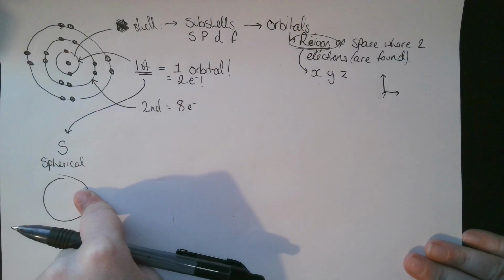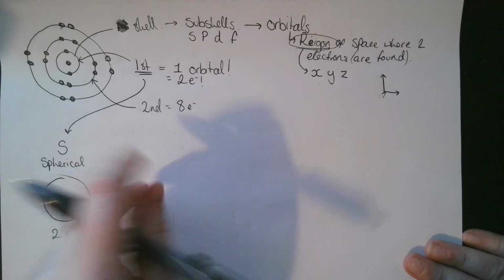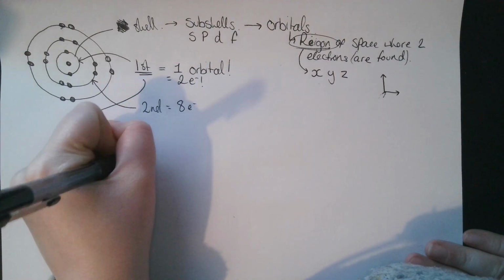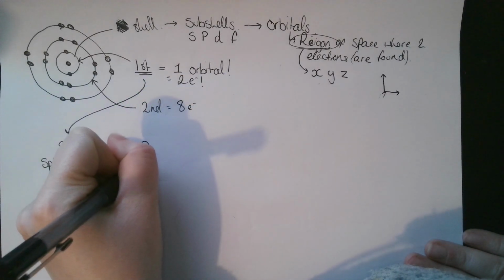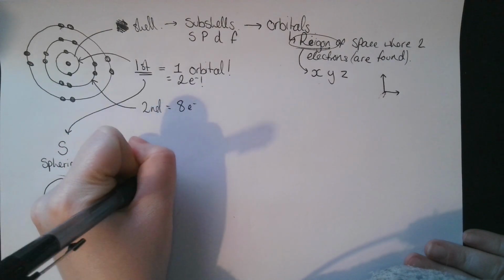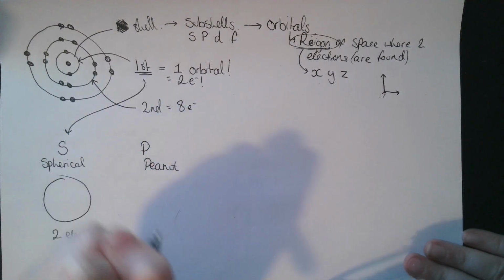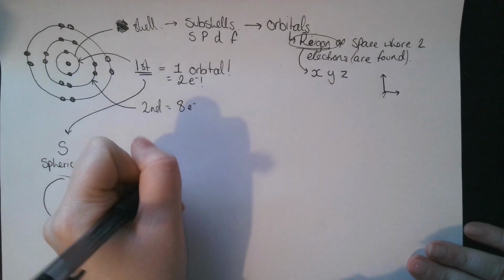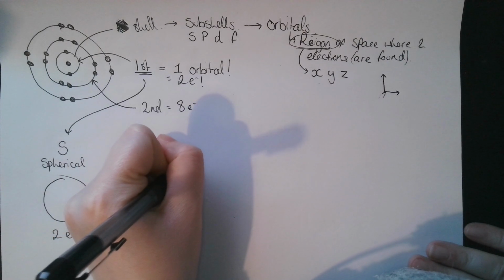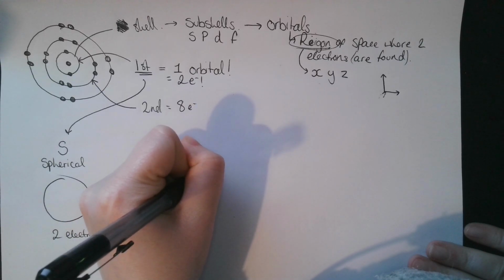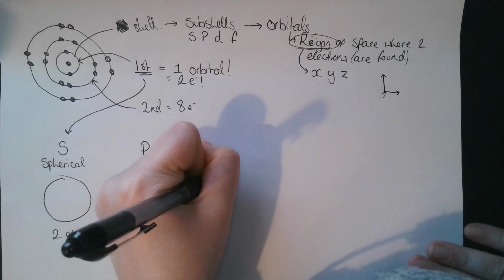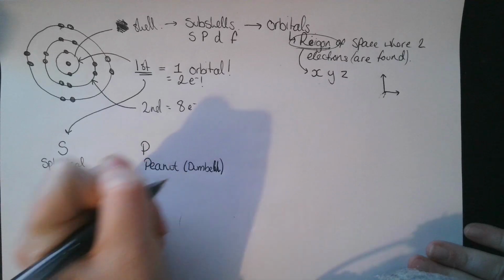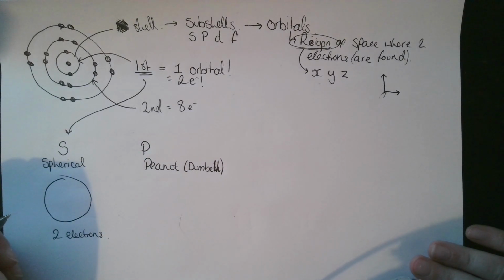One of them is an S, and the other one is P. P, I remember it as peanut. At A level, they prefer you to call it a dumbbell shape. But when I was at university, my professor called it a peanut, so I'm sticking with peanut.